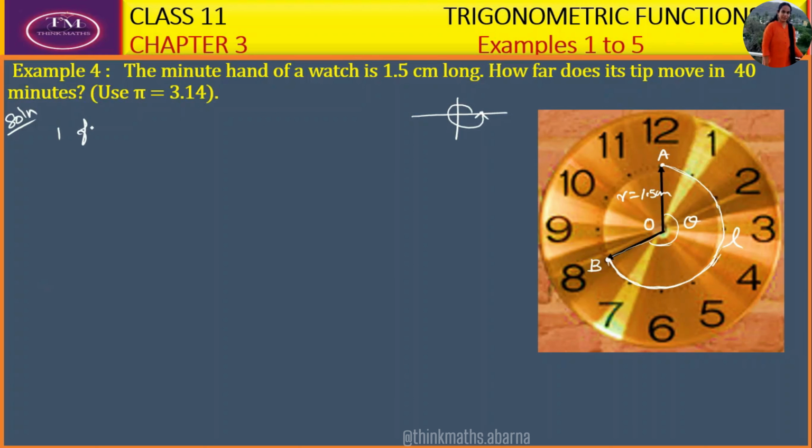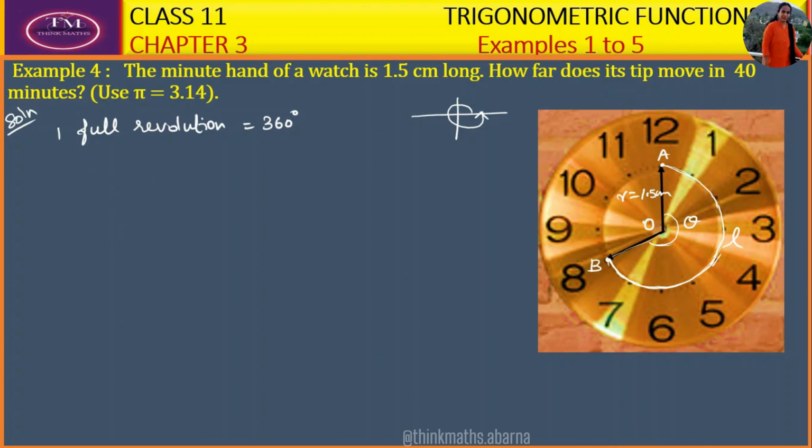So one full revolution is 360 degree. In this 360 degree, how much revolution takes place for 40 minutes? To go from A to B, how many degrees does it move? That's what we have to find.